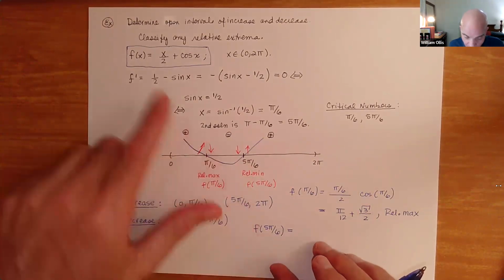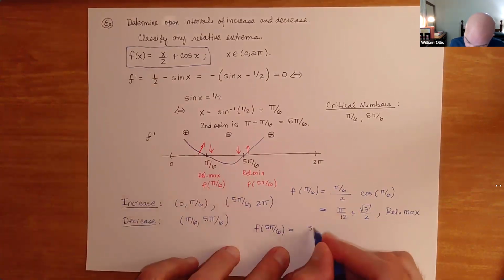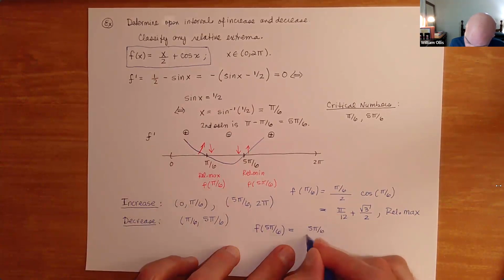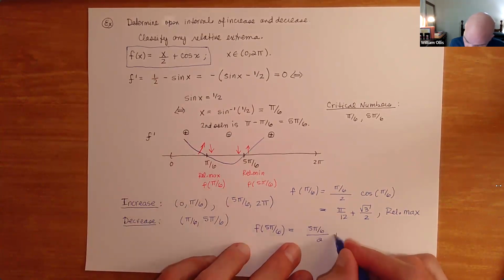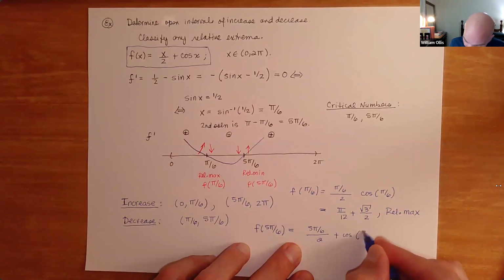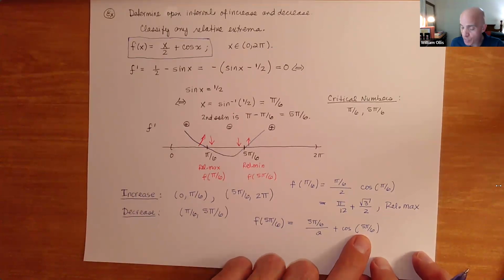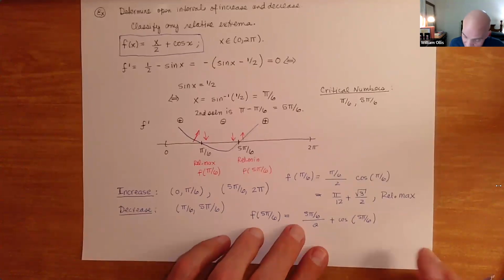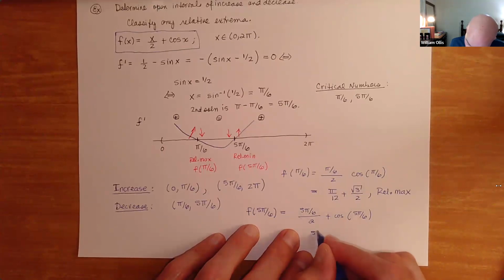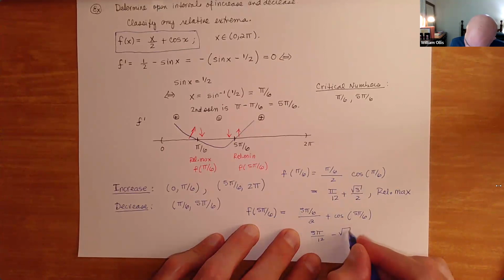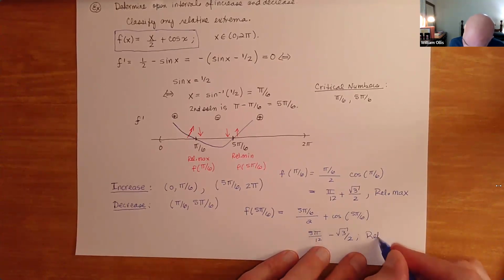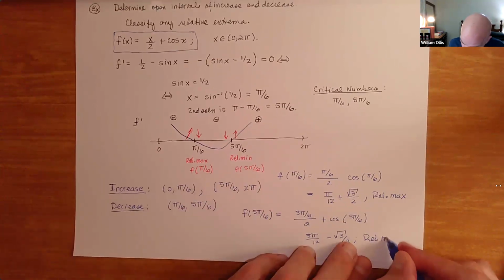So we have 5 pi over 6 divided by 2 plus cosine of 5 pi over 6. Of course, the reference angle for 5 pi over 6 is pi over 6, but the value in the second quadrant is negative. So we get 5 pi divided by 12 minus the square root of 3 over 2. And this gives us a relative minimum.